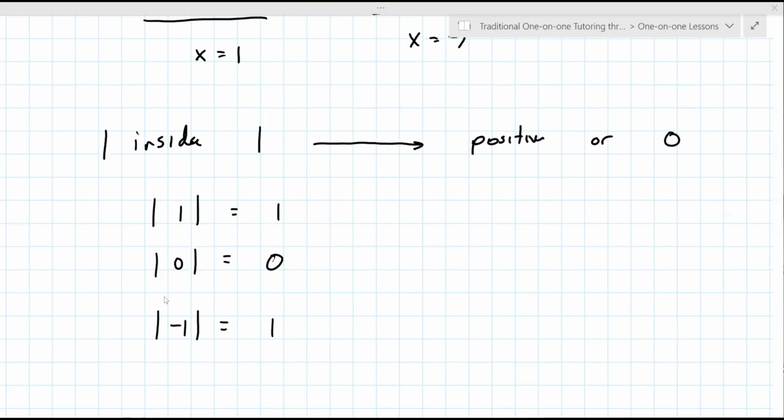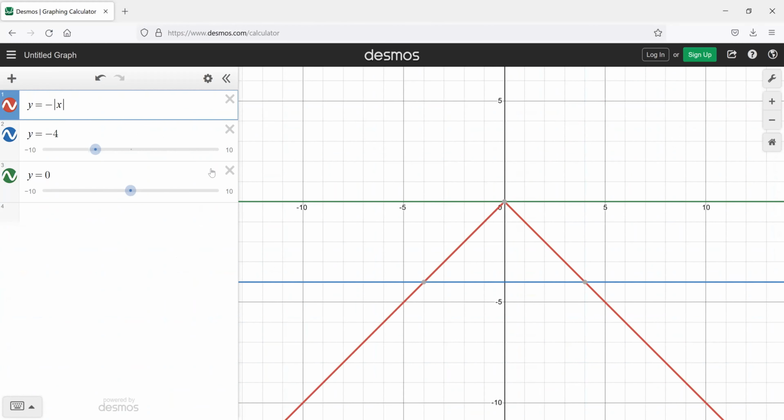Let's say I put a negative there. Now, how many times is it hitting? Twice. Okay. So that's important. It does matter where the negative is to answer this question. But the absolute value part always returns positive. The negative just changes its sign.